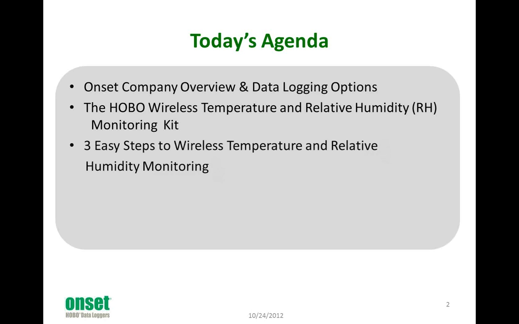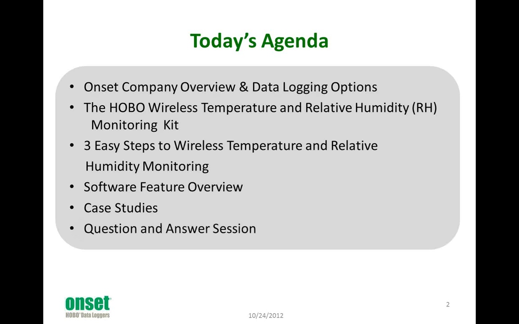We'll then look at the 3 easy steps to wireless temperature and relative humidity monitoring and what it takes to get the kit up and running. We'll go over the software features to show you what our software has to offer when using this monitoring kit. We'll look at some case studies and then answer any questions that you might have.